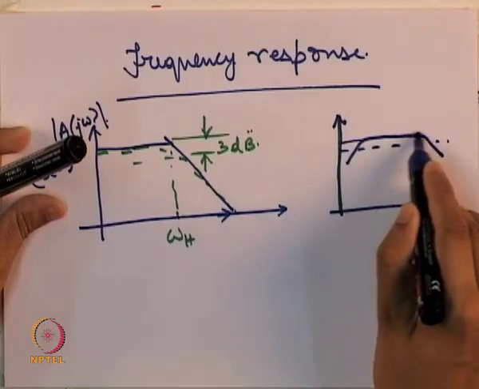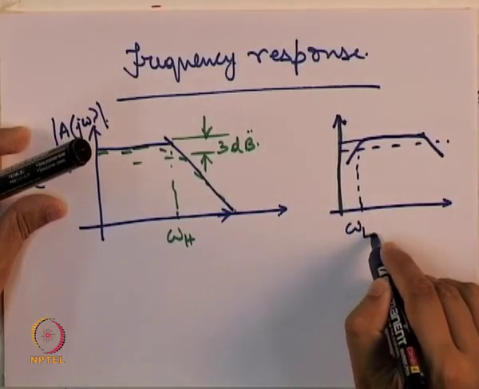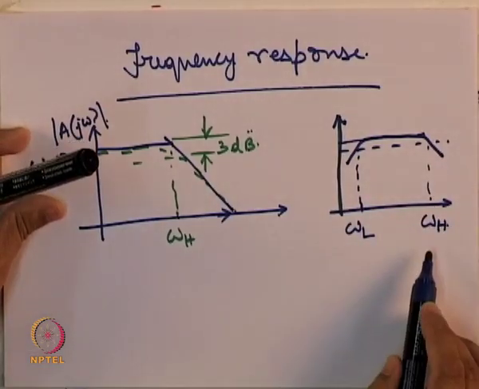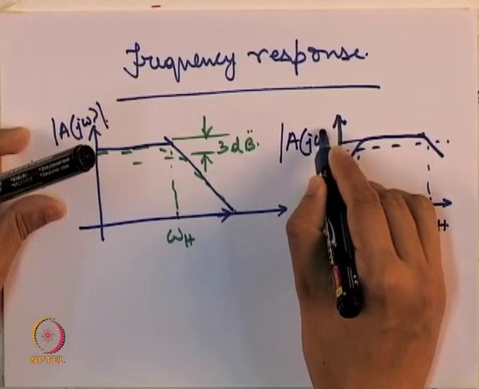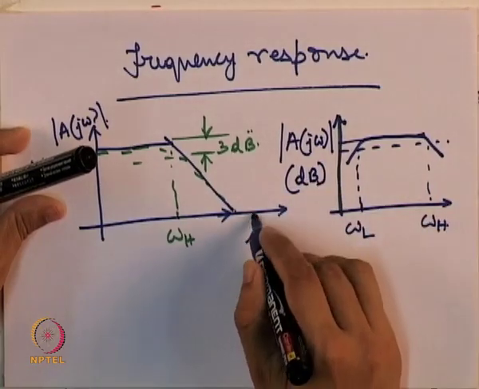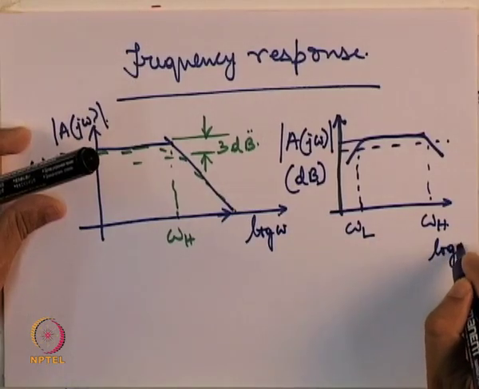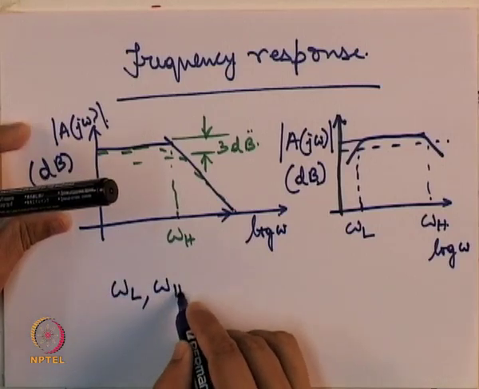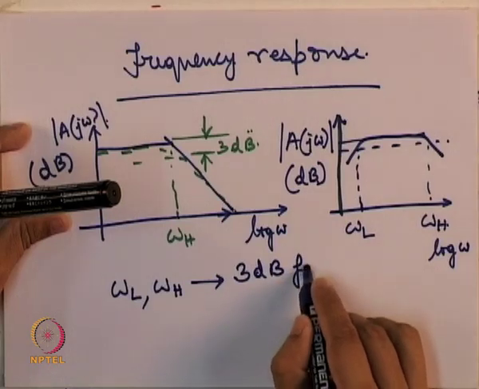So, we call the lower 3 dB frequency omega L and the upper one omega H. These omega L and omega H are the 3 dB frequencies.